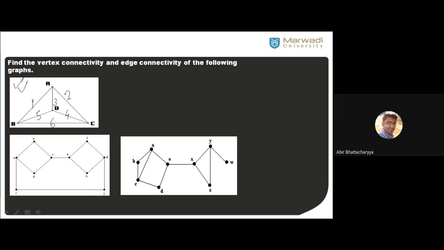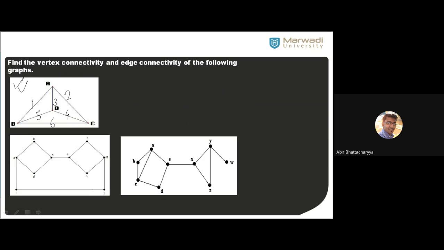Yes, three. Tell me what are the three vertices and what are the three edges? Edges 3, 4, 5. If I remove 3, 4, 5, okay, and edges, vertex, edge connectivity is 3.